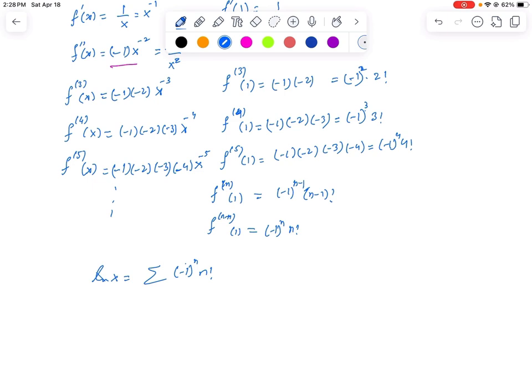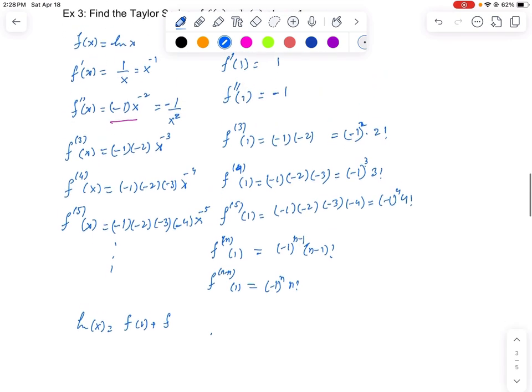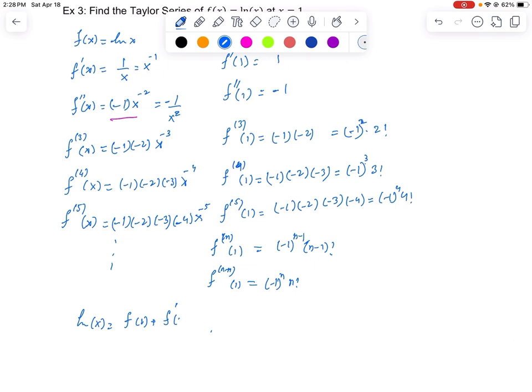I think first we have to write the expanded or the open form. Ln of x is going to be f of 1 plus f prime of 1 x plus f double prime of 1 over 2 factorial.